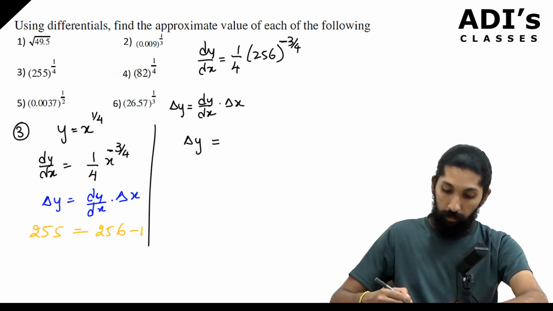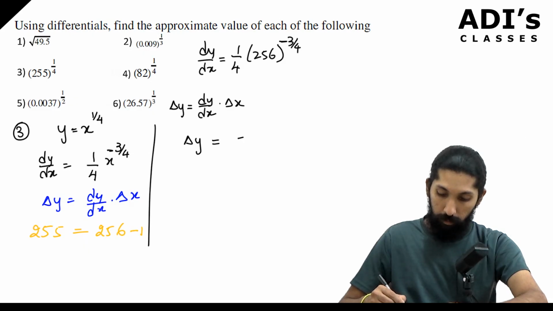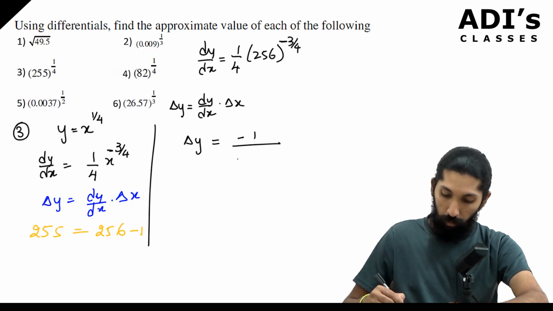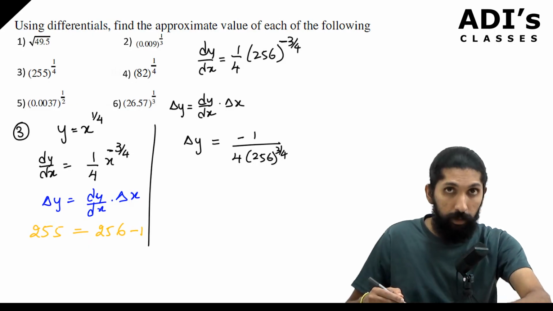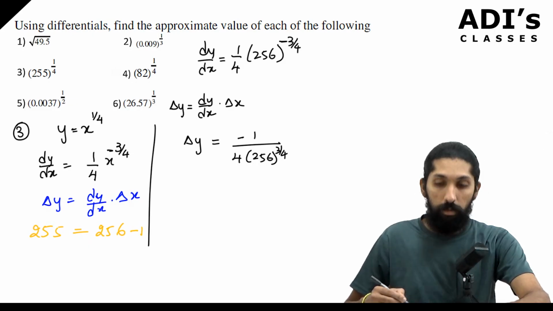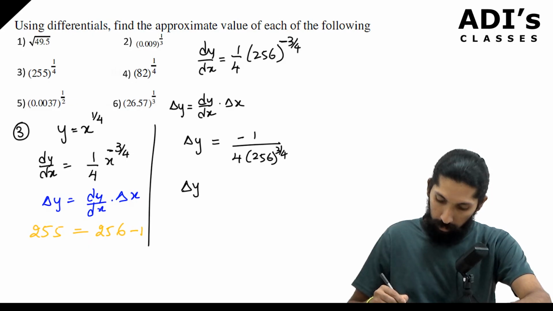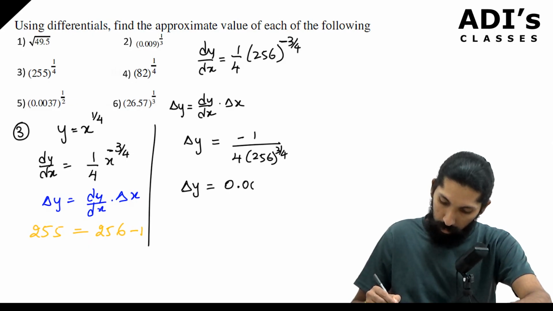Right? So now what you have? Minus 1 by 4, 256 power 3 by 4. Correct? So the value of delta y is going to be 0.0039, but with a negative sign.